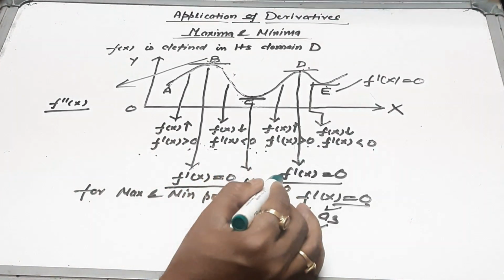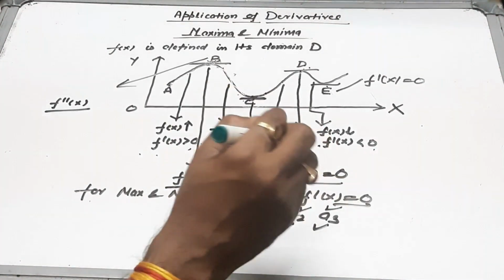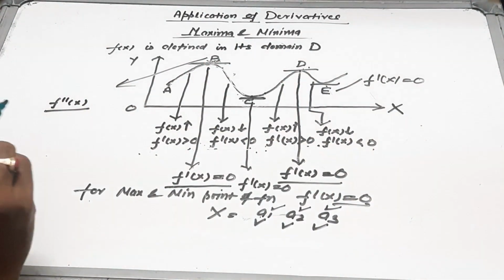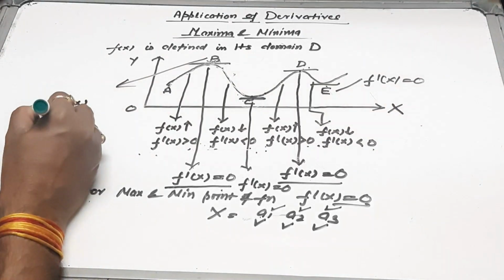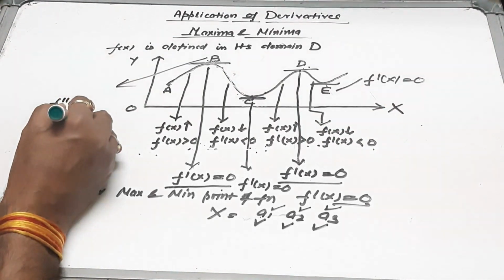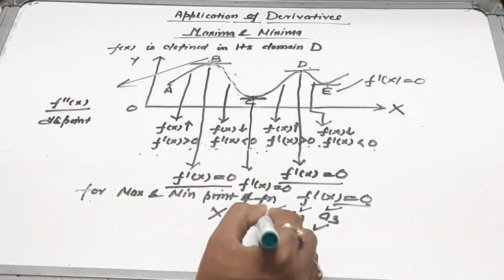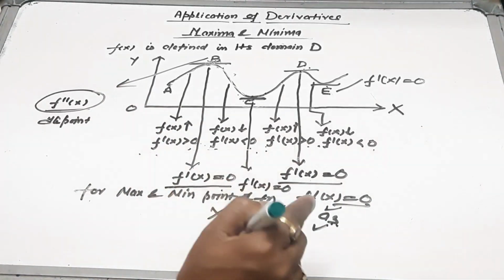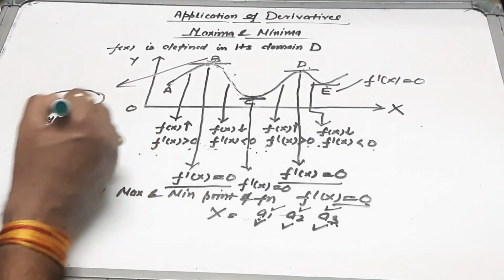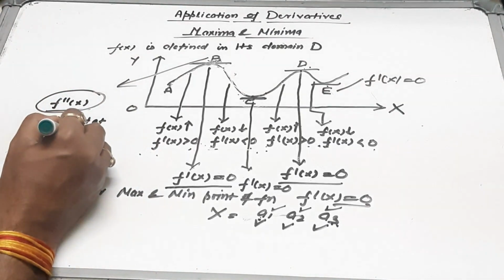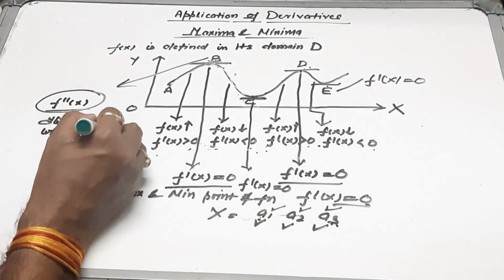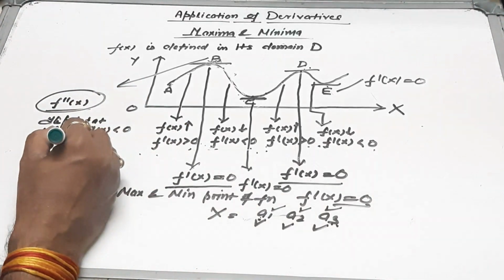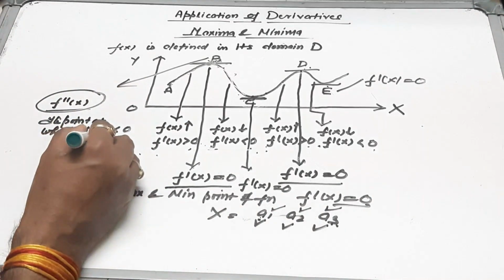First you find f'(x), then again f'(x) can be differentiated with respect to x and you will get f''(x). So at these points you will check the value of f''(x). The point at which f''(x) is less than 0, meaning negative, is a maxima point.